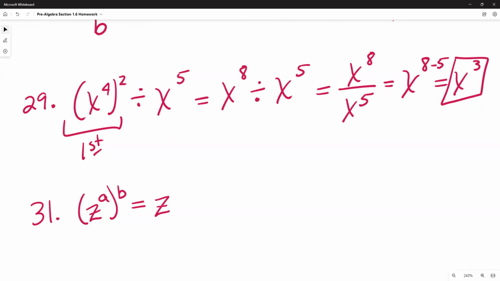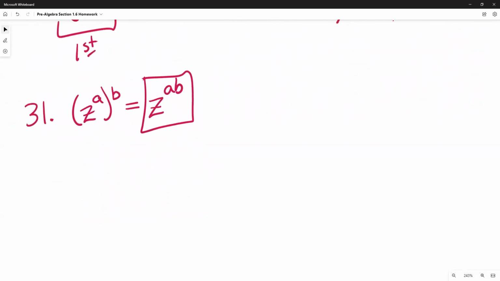Right, and so how do we write a times b? Right, just right next to each other. It's just z to the power of ab. They're sort of trying to desensitize you guys to variables. Because when you see letters in math, it freaks out. But you don't have to, just follow the property. Just combine those. Z to the power of ab, whatever values those letters might be representing.